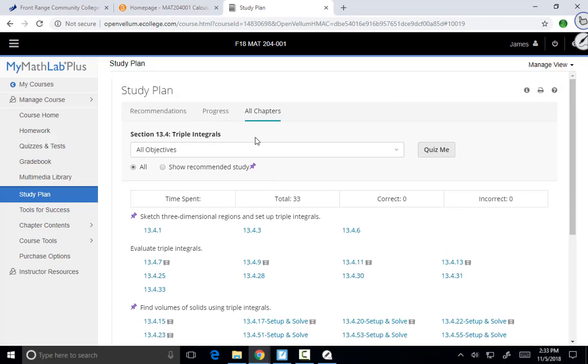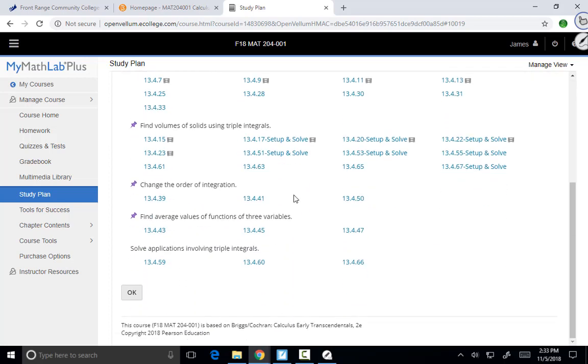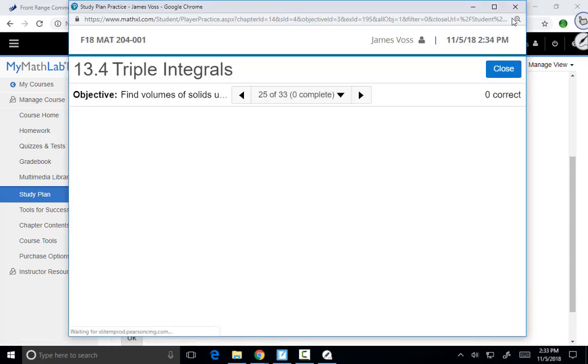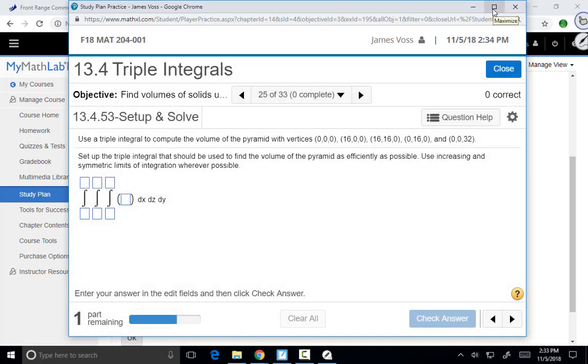In 13.4, we have volumes, finding triple integrals, and change of integration order. Should we do one volume first? Yes. Volumes, yes. Yeah, perfect.